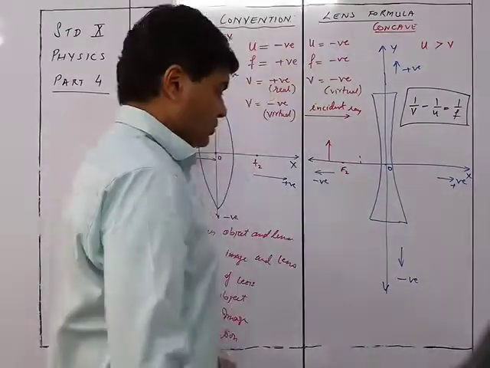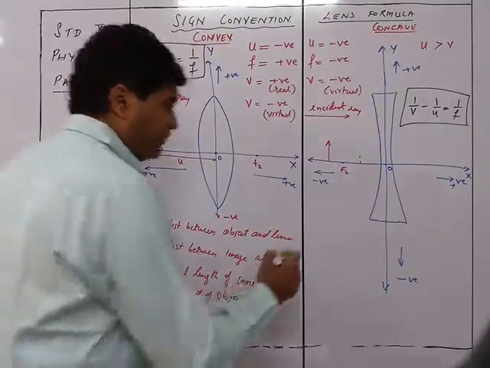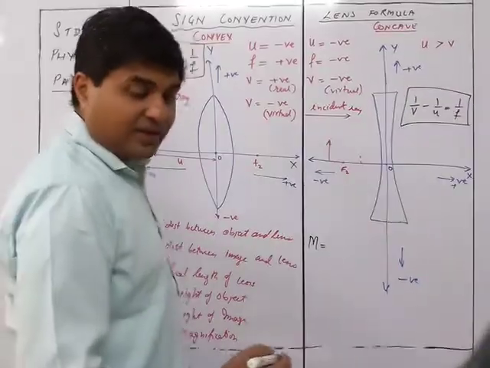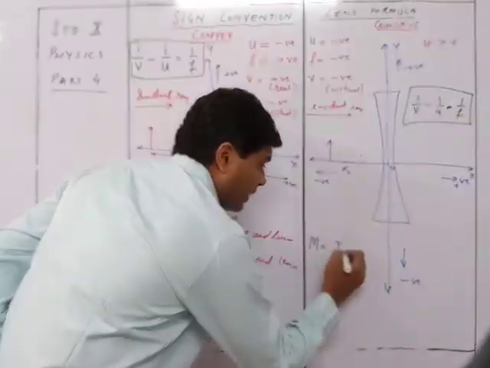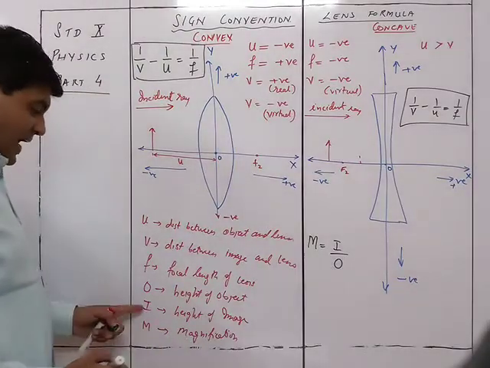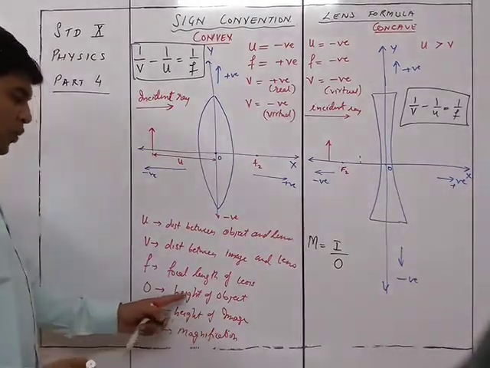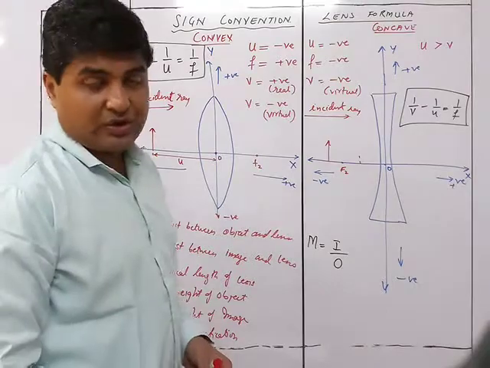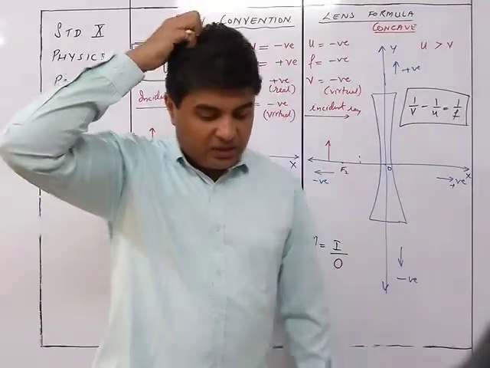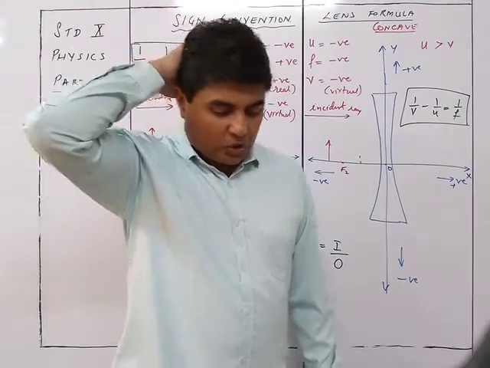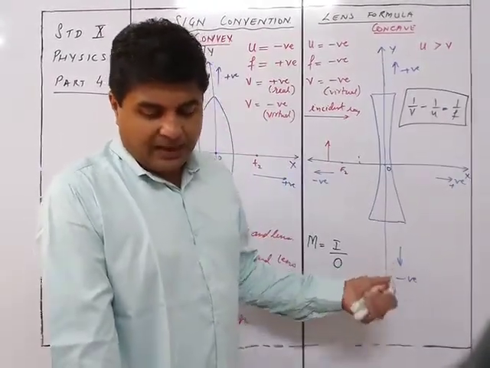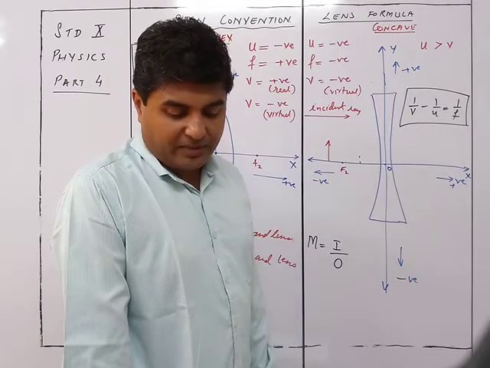So magnification m is equal to I upon O, where I is the height of the image and O is the height of the object. Length of the image or height of the image, one and the same thing. So the ratio of I and O is called the linear magnification.